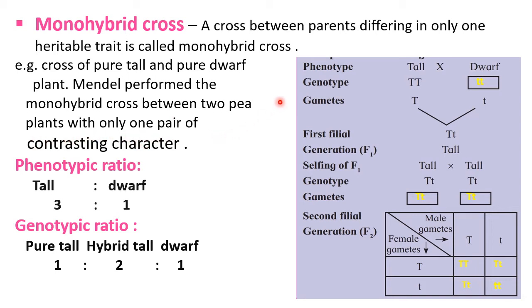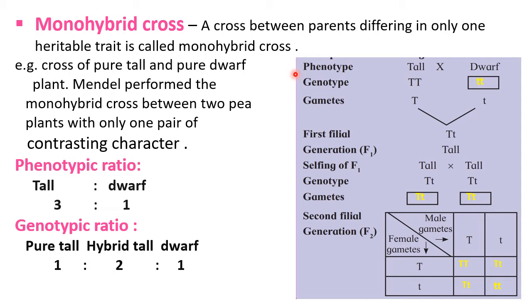Now in this example we see a cross between a tall pea plant and a dwarf pea plant. So height is the character, and tall and dwarf are the two variants. So he considered only one pair of contrasting characters in the cross.